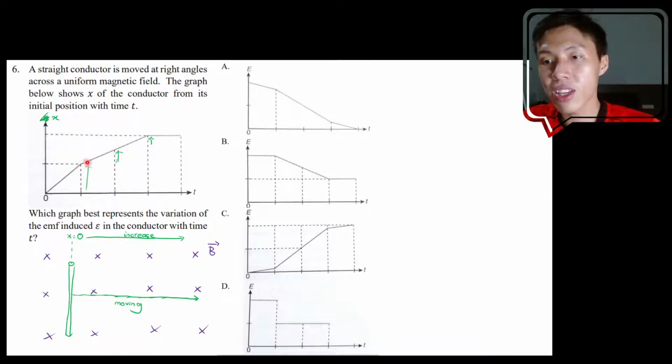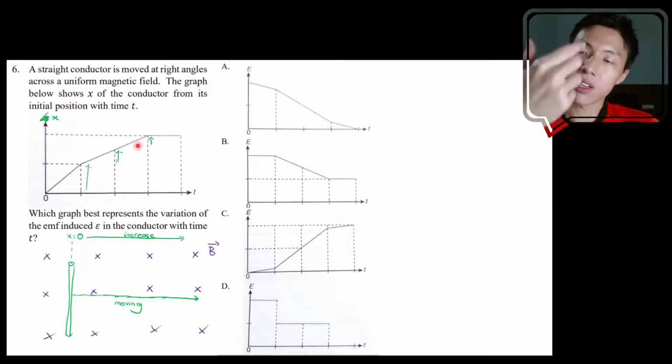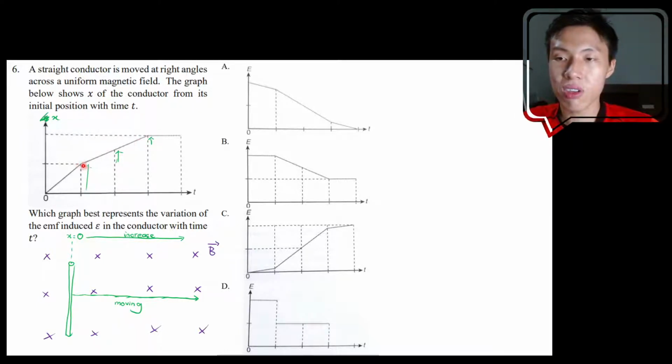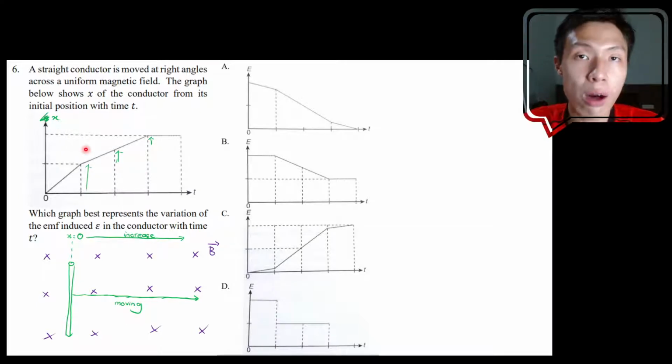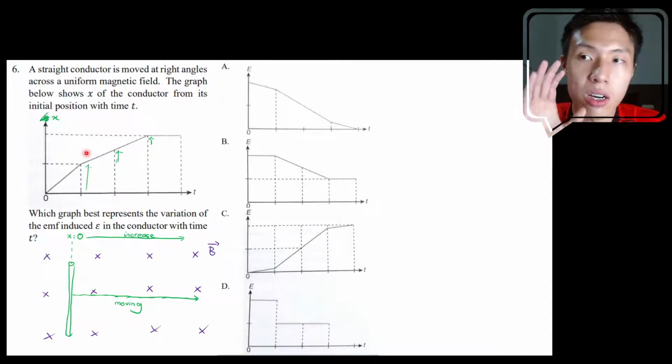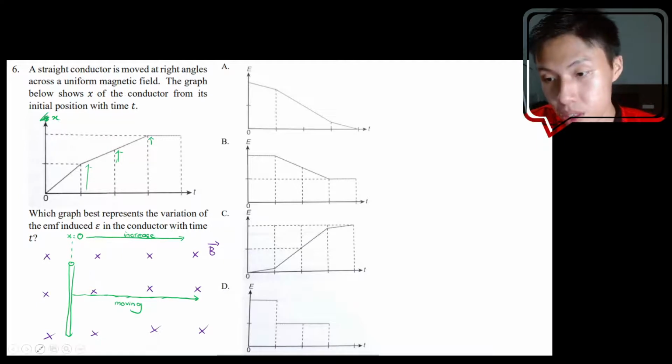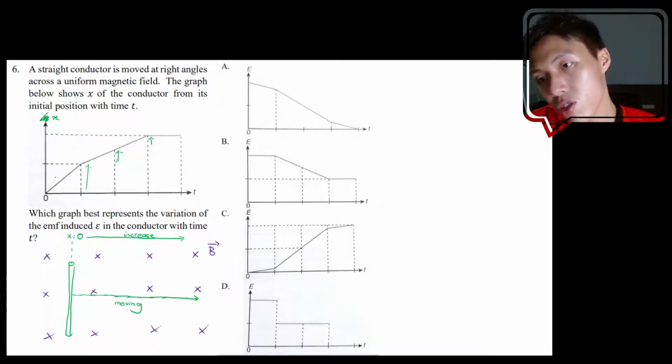You see a not so steep gradient like this one, that means it takes a long time to have a bit of change of position. Then that means it's moving very slow. So from this diagram, we can deduce how fast the straight conductor is moving. We can see from here that this is quite steep, so this is moving quite fast. This is moving relatively slow.